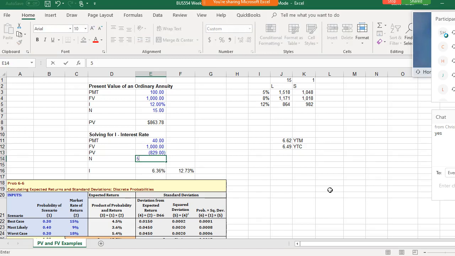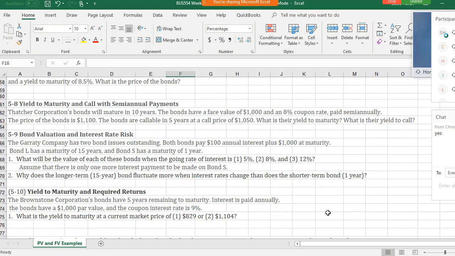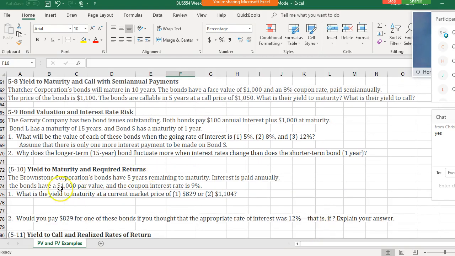And it was a 5-year bond, and then the payment was $90. Okay, let's go back and make sure everybody sees that. I'm going to take out that doubling thing because we don't need that right now. So I'm going to go back to the question here and show you those numbers. Okay, so $1,000 par, the coupon interest rate is 9%, so 9% times 1,000 is my 90, and 5 years.